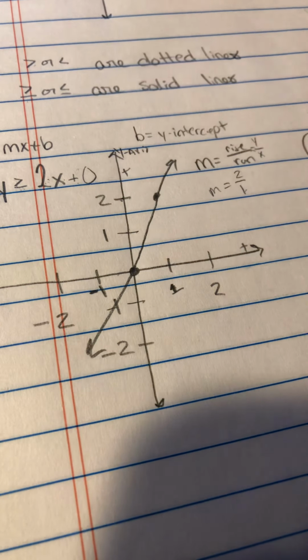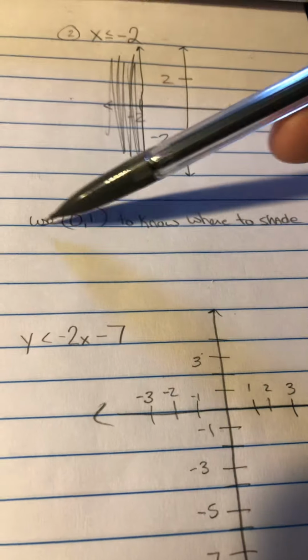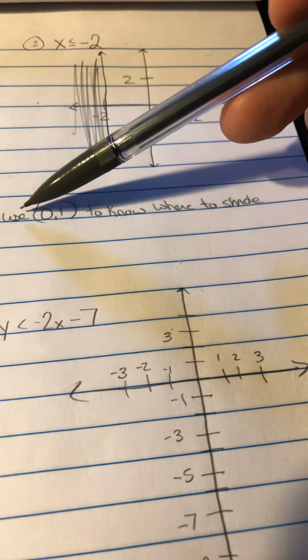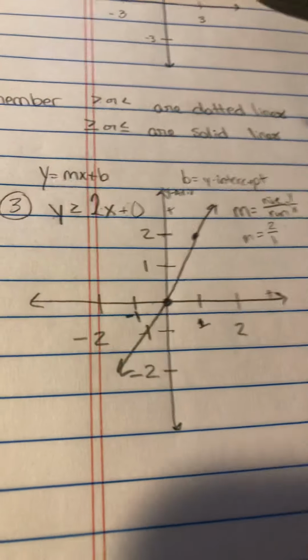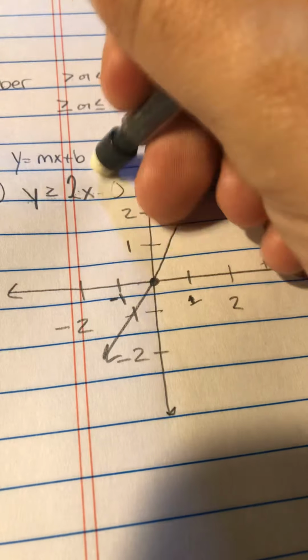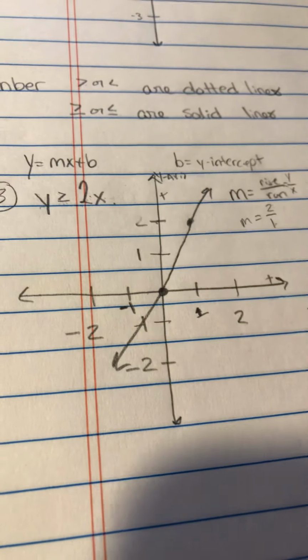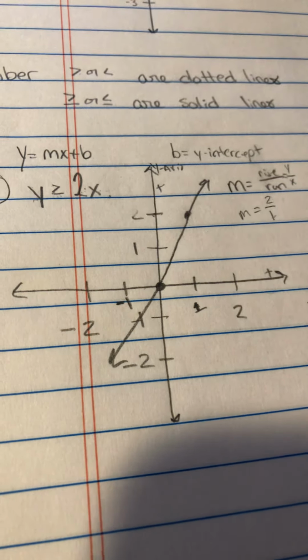Now you got to figure out where to shade. So going back up here to this statement, use (0, 1) to know where to shade. That means you're going to plug (0, 1) into this equation. I'm going to go ahead and get rid of the 0 now because it's technically not there. You're going to plug (0, 1) into this equation, and that'll tell you where to shade.